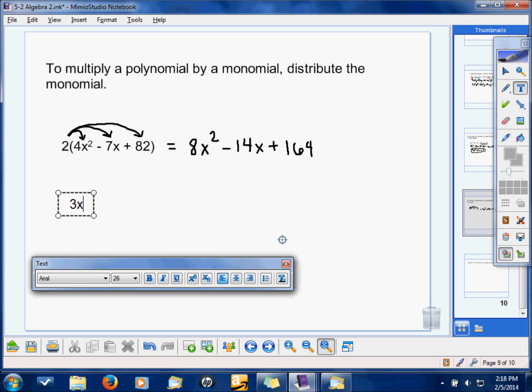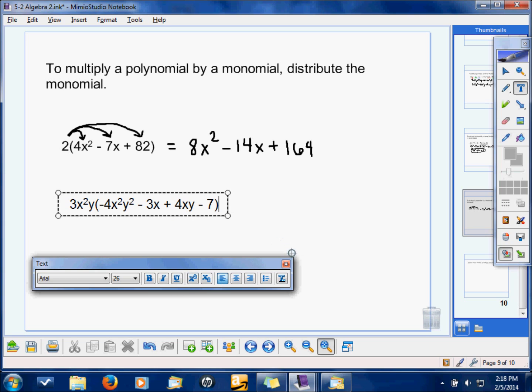Let's do 3x squared y times negative 4x squared y squared minus 3x plus 4xy minus 7.